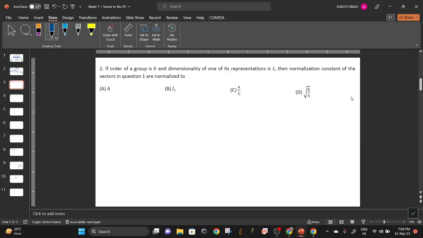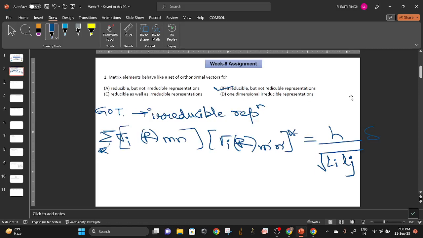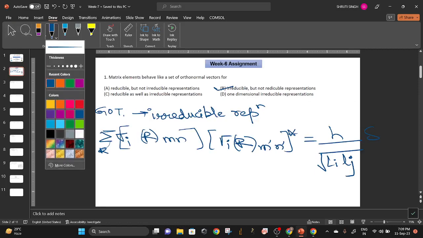Yeah, so the next question is, if the order of a group is h and the dimensionality of one of its representations is li, then the normalization constant of vectors in question 1 are normalized to. Okay, so this is what I have written here. This is the normalization constant.